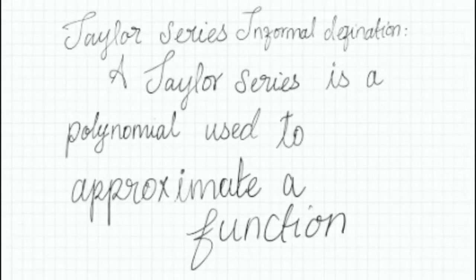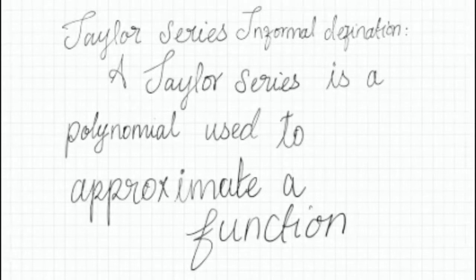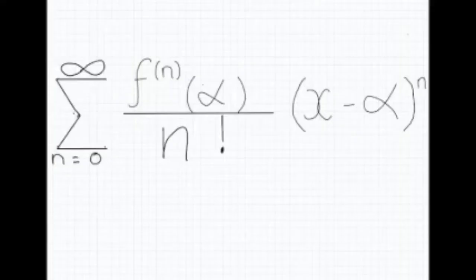More formally, the Taylor series centered at the point x equals alpha is going to be a polynomial, and it's going to match the function exactly at the point alpha. As it moves away from alpha, the series might diverge a little bit from the actual function.